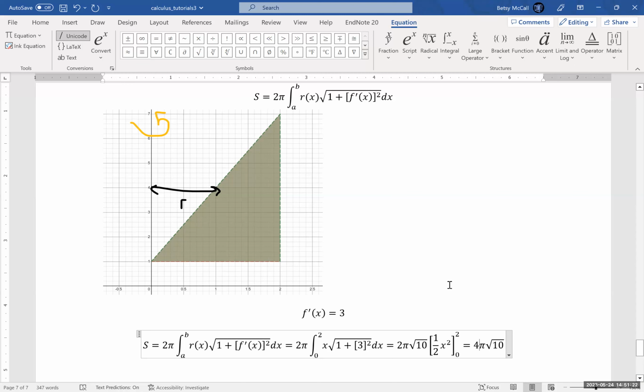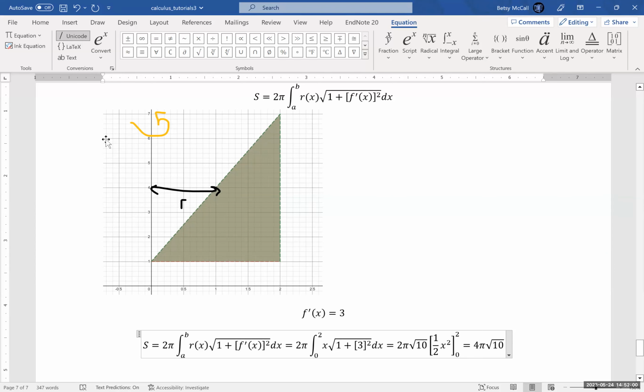But again, the main difference here is you don't have to change formulas depending on what axis you're rotating around. You don't have to change variables ever. You use whatever variable is given to you, and then the only thing that changes is how you define this radius. Is it oriented from the x-axis? Then it's essentially the function itself, or the difference of the functions depending on how this rotation is defined, or it's just x because you're rotating around the y-axis.